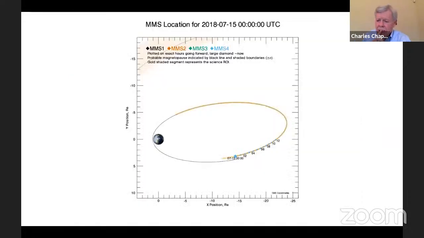Okay, I want to show you a couple of examples of how MMS data can help us with this, because what we're talking about is trying to understand what has been called the plasma sheet boundary layer. So on the north and south side of the plasma sheet, the characteristics of the plasma are different closer to the midplane than they are at the edges.